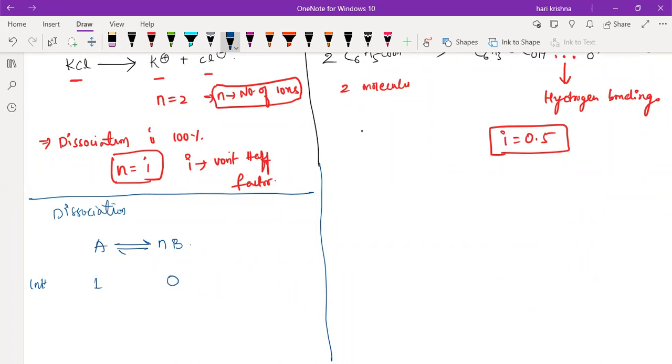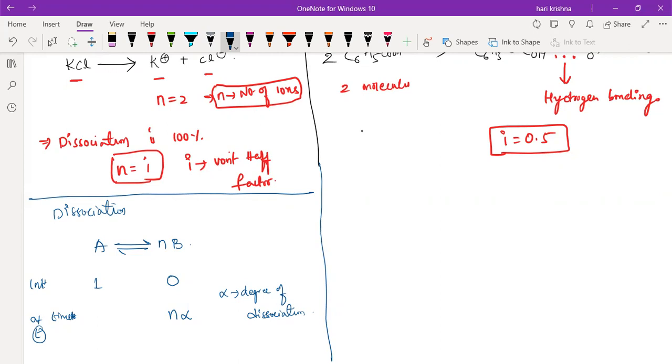Now, at some time t, dissociation will happen, so that n number of new ions are formed. How much dissociation is happening is alpha. So alpha is the degree of dissociation. How much dissociation is happening is n alpha.